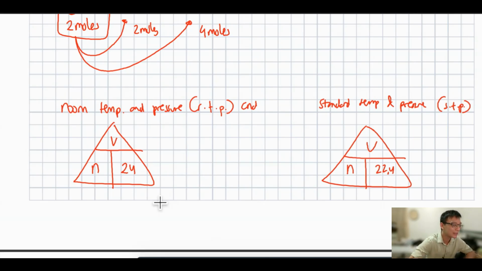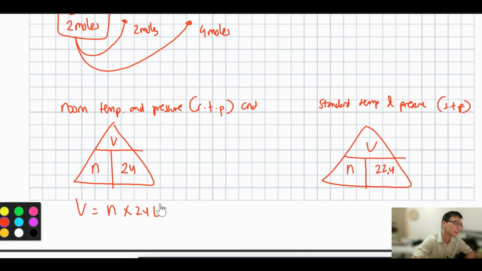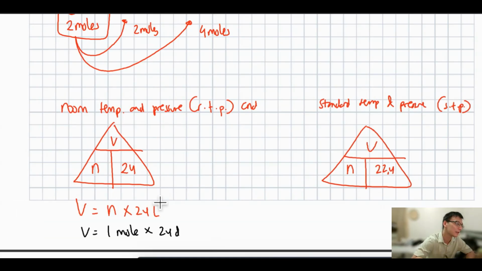So what does it mean? So for example, we have 1 mole of something here. The volume will be exactly equal to 24 liters or 24 decimeter cube in room temperature and pressure condition.